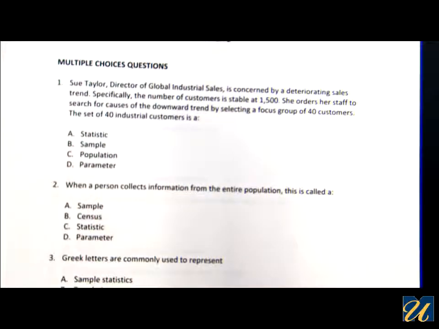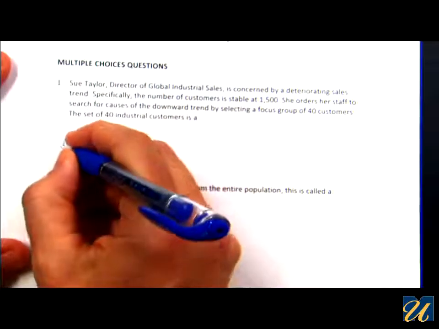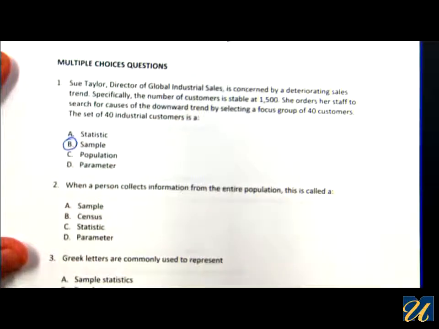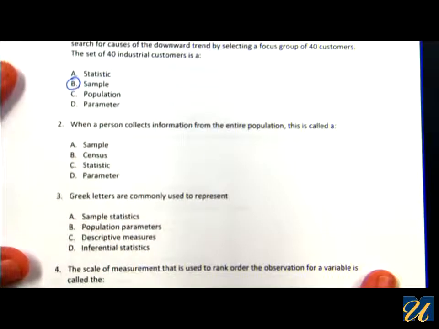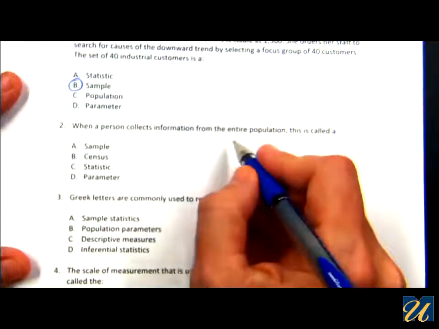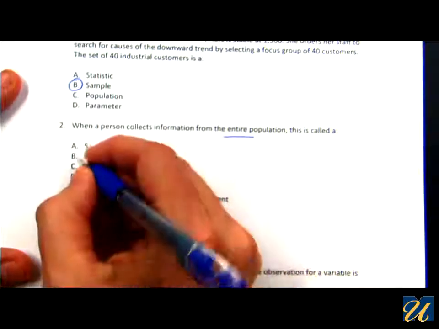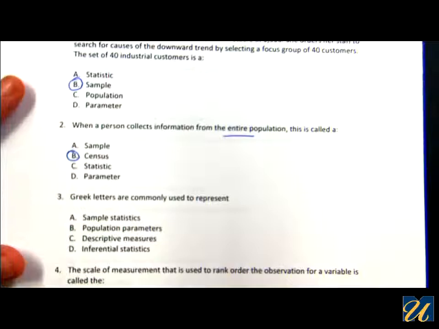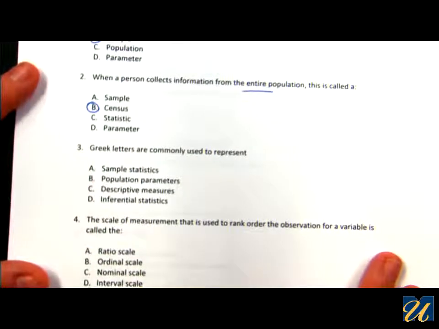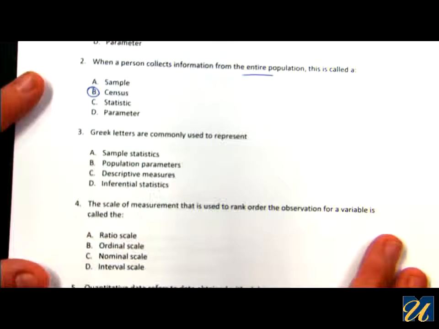The set of 40 industrial customers would, obviously, be the sample. When a person collects information from the entire population, this is called the census. Greek letters are commonly used to represent population parameters.